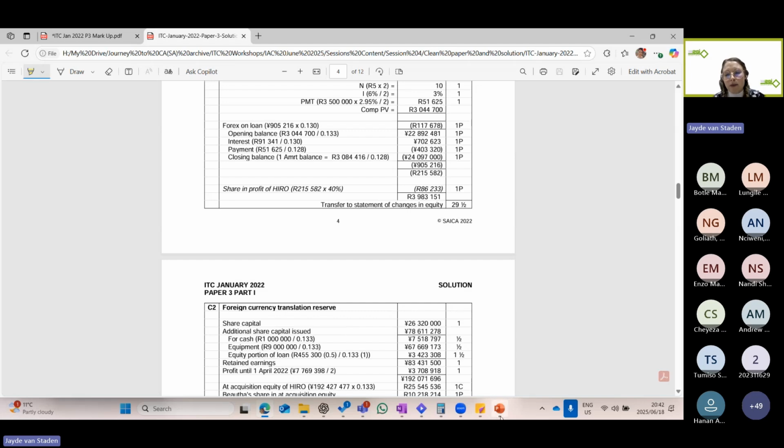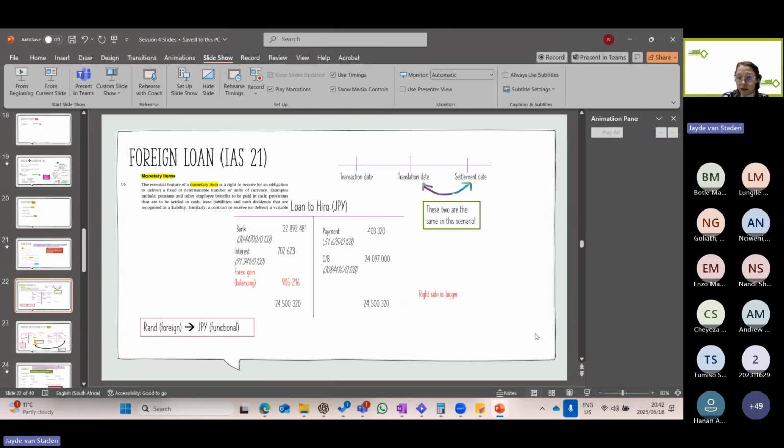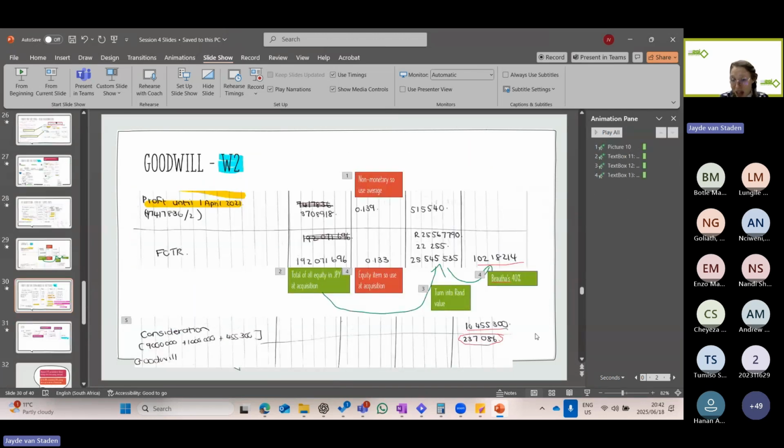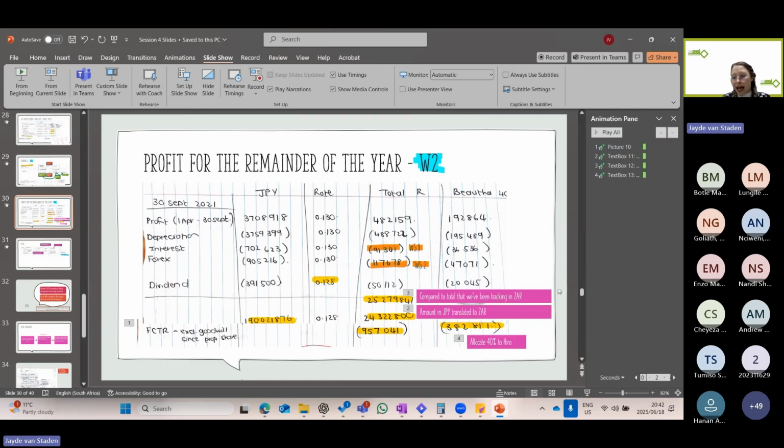So when it comes to a big, monstrous question like this, stop thinking about, oh my word, I don't know FCTR. Yes, there might be some elements of FCTR that you don't understand, but let me tell you, there's a lot of the stuff in here that you can do. I know for a fact that you can do at acquisition analysis of equity.